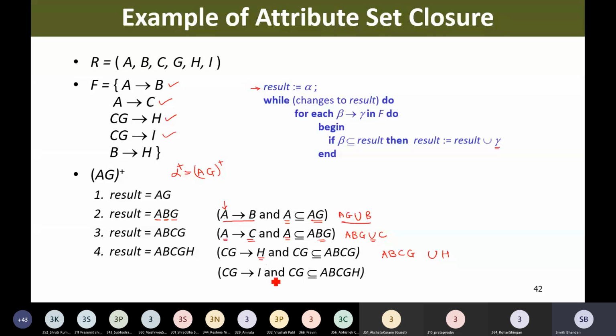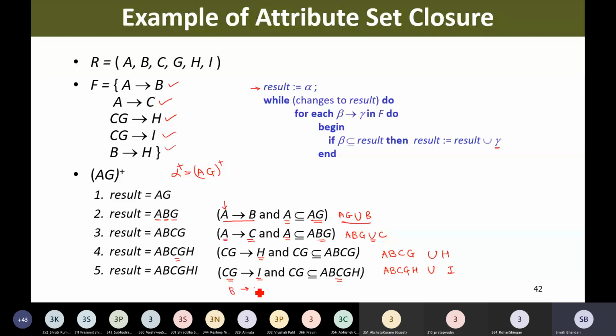Let us check the next dependency, CG to I. We check whether CG, the left hand side, is a subset of my result, ABCGH. Yes, it is. So old result ABCGH union the right hand side I. So we get ABCGHI.